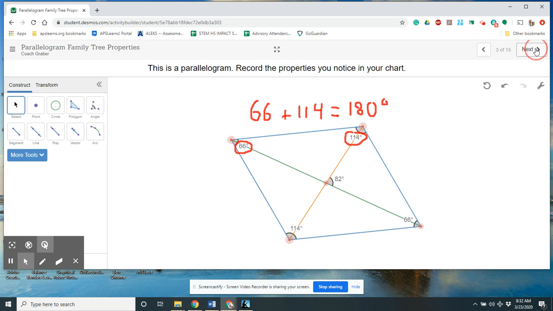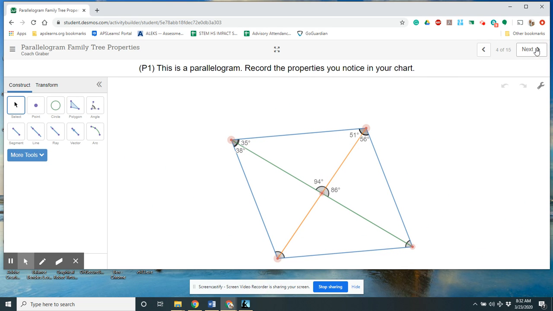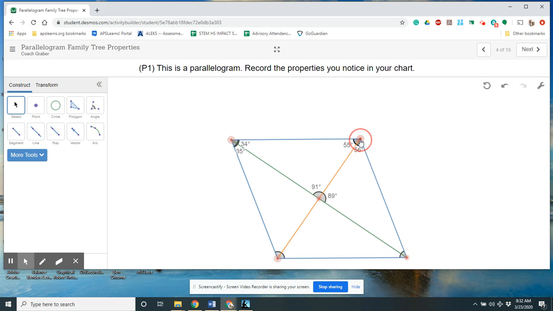Go ahead and jump to the next screen. So on this screen here, these three angles all equal 180. Now the reason why we know that is because we have a triangle here, and all the angles in a triangle equal 180 degrees. Also, these angles are still the same as the angles down here in this triangle.